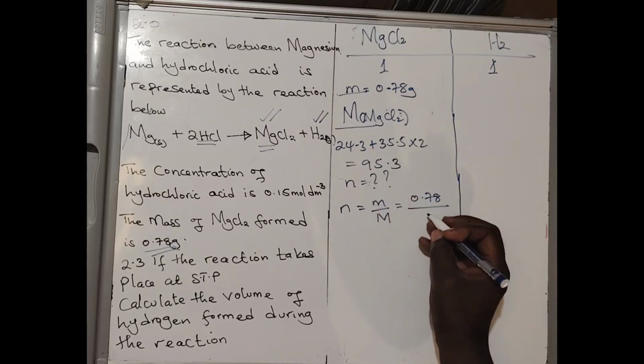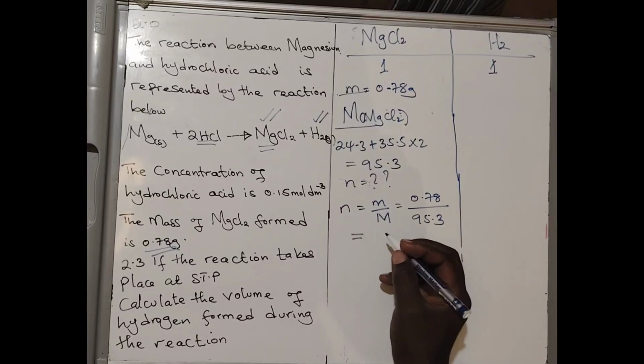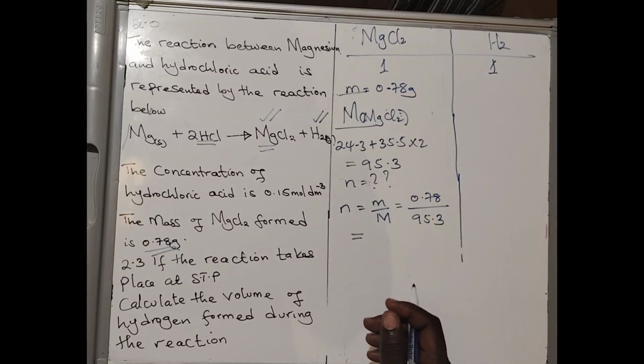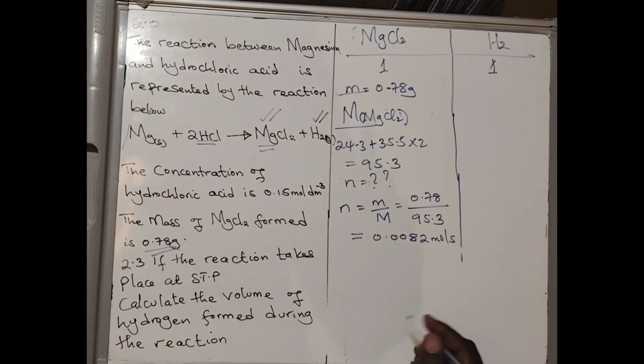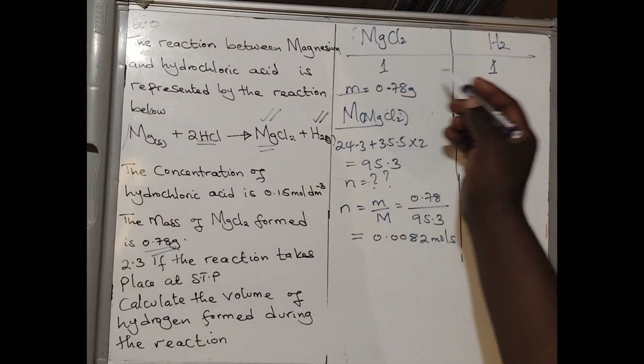And what is our molar mass? 95.3. And we get our number of moles. So those are the number of moles. So after getting the number of moles, this is what you have to know, that the mole ratio is 1 to 1.